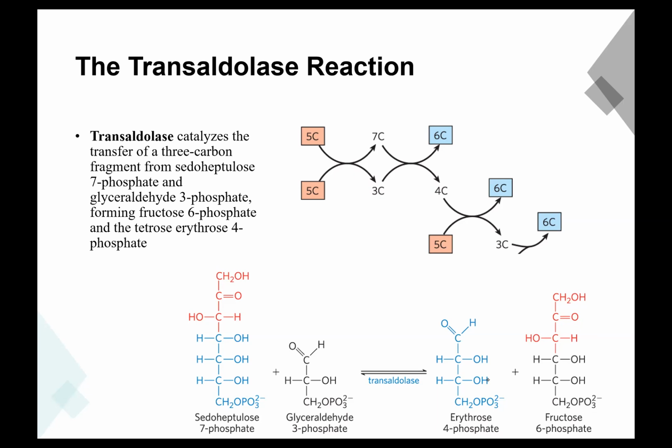So what is today? Oh yeah, we're in good shape. I don't have the pentose phosphate pathway on here. So we'll finish up with the pentose phosphate pathway and we'll move on to glycogen metabolism. We're in good shape.